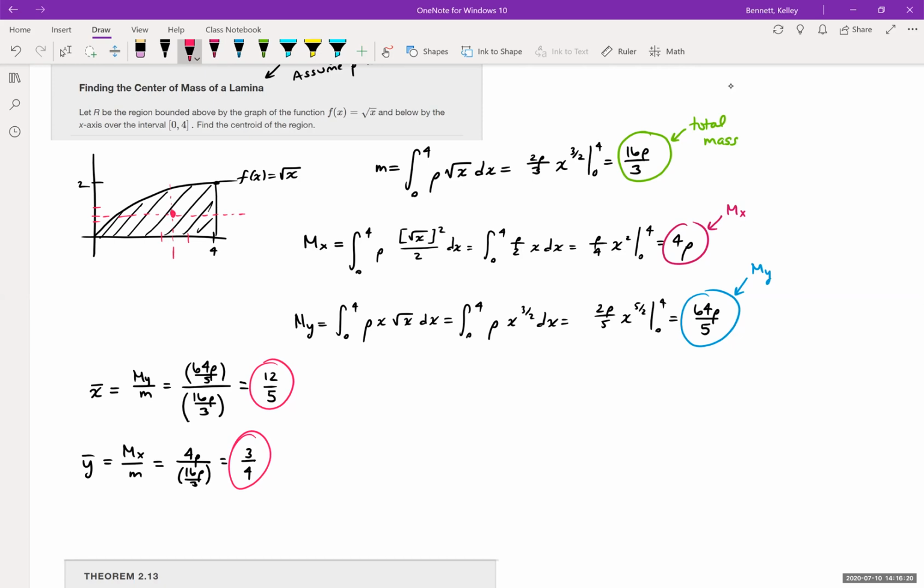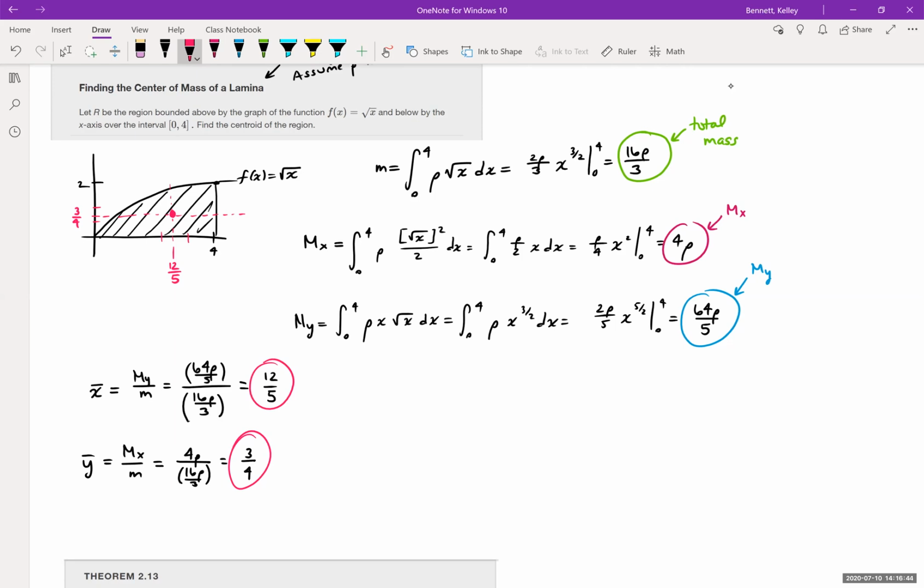So if you were to place a needle under this thing right there, the whole lamina would balance on it. So hopefully you're getting an idea that the area is split top and bottom equally and right and left equally about those two lines. So that's centers of mass for a lamina when we just have one function that's given the region.